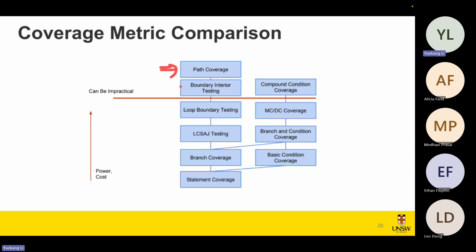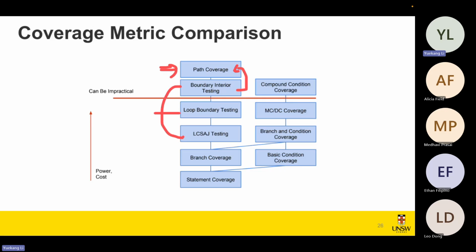And we have three variants of path coverage, right? If we consider all the subpaths and we don't care about how many times we execute the loop, we can use boundary interior testing, which also suffers from the path explosion problem if there are many if-else branches inside the loop.